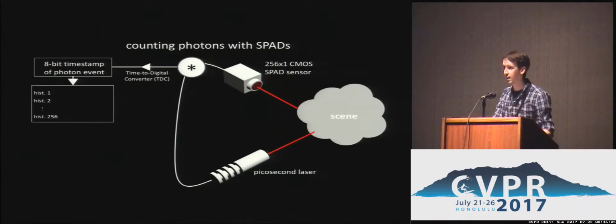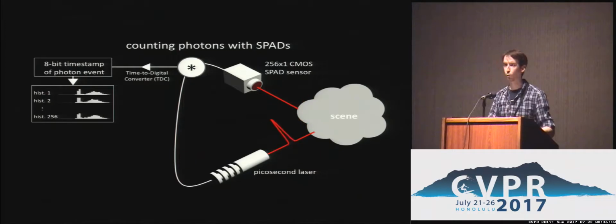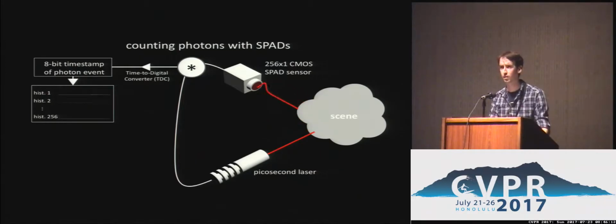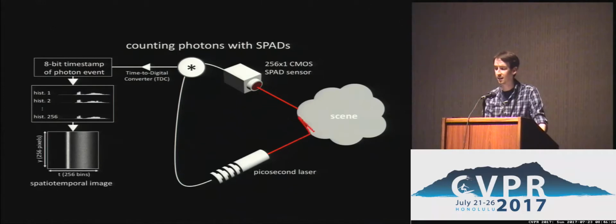Now, we only get one timestamp per pulse, so we repeat this process 50 million times a second. And we collect basically histograms that represent the distribution of arrival times for those photons, one histogram per pixel. And what we read out from the SPAD is a spatial temporal image that basically collects all of these histograms up together.